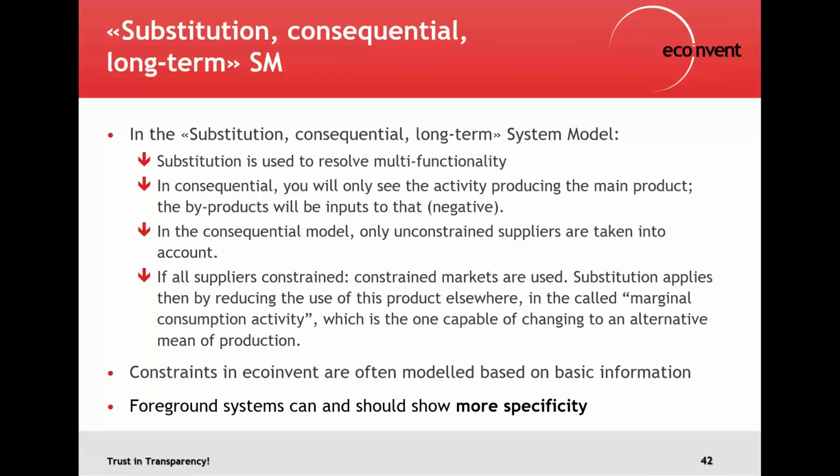That's a paper which I recommend, of course, to read if this is of relevance for you. And in any case, the foreground system should show more specificity. So there's always a detailed look that has to be given to the foreground system in order to ensure that we are really considering the value chains which are important for the foreground system in the proper way.